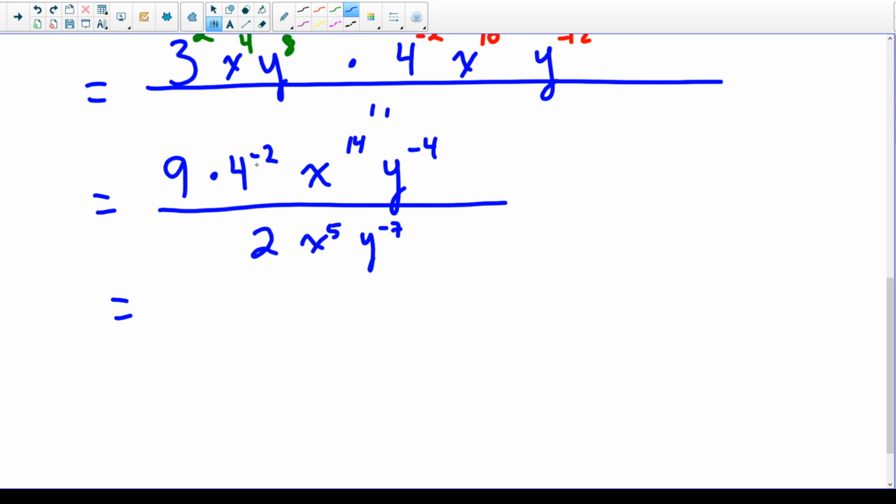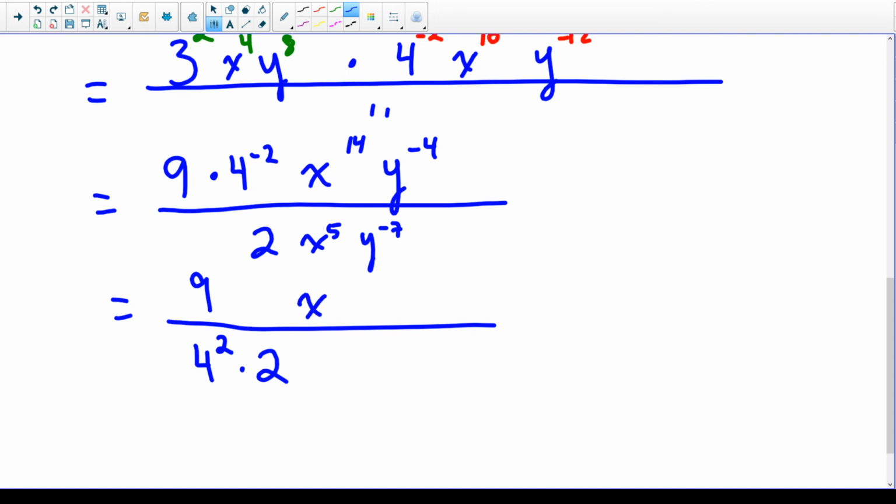Well, they slide down to the denominator. So that 4 is going to come down here, become a power of positive 2, and it's going to do that in front of the 2 that's already there. Okay, the 2 at the bottom doesn't switch positions because it has a positive 1 exponent. Okay, so the 2 just stays there. But the 4 to the negative 2 slides down in front of that 2.